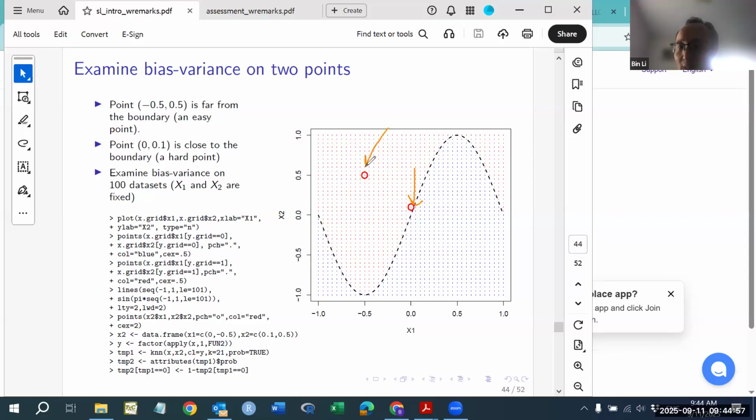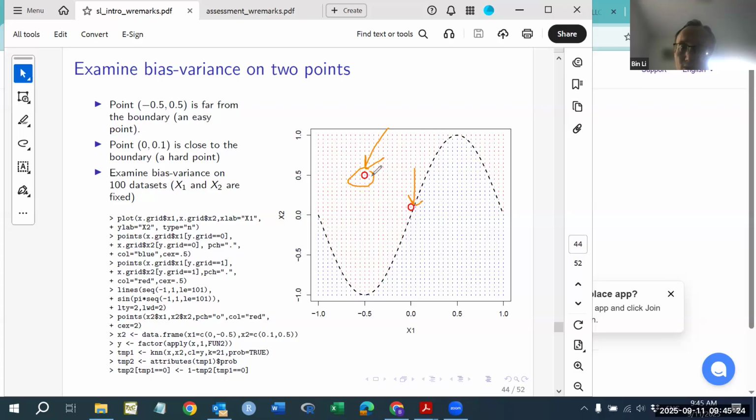This other one is an easy point to classify because it is away from the boundary, so most likely it will have a very good prediction result. But this one, which is very close to the boundary, is difficult to classify.